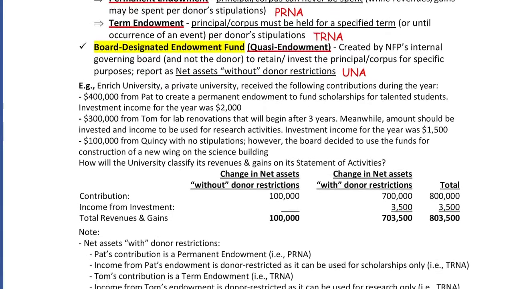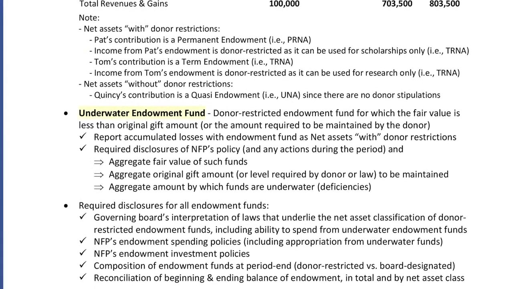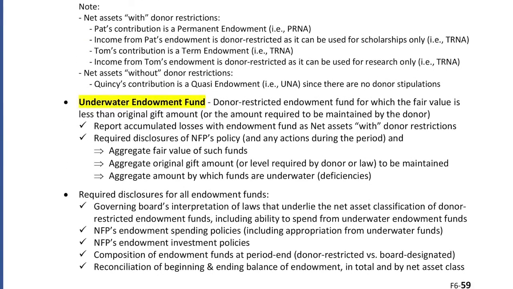On the next sub-bullet, highlight underwater endowment fund. This is a donor restricted endowment fund for which the fair value is less than the original gift amount or the amount that's required to be maintained by the donor.